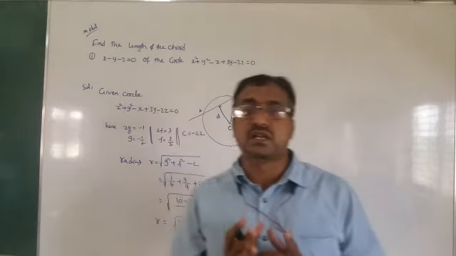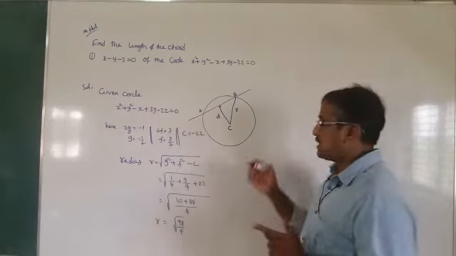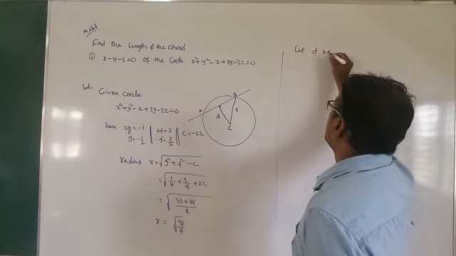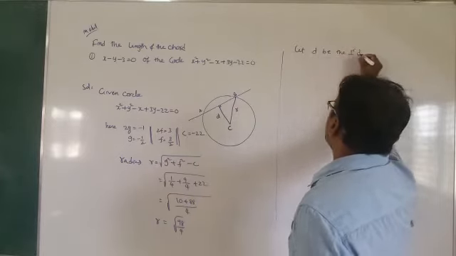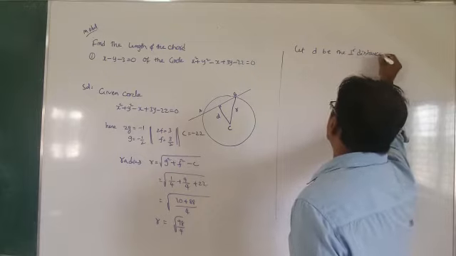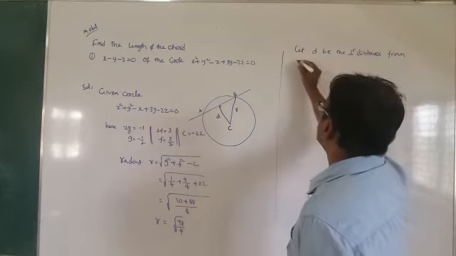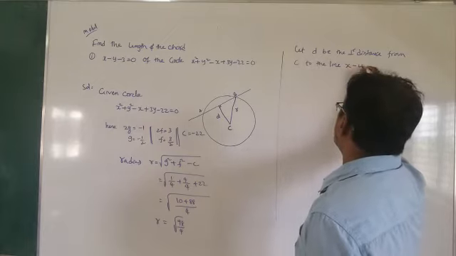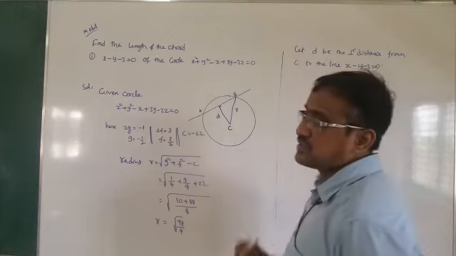Now you have to find the distance from center to the line. So let D be the perpendicular distance from C to the line x minus y minus 3 equal to 0.